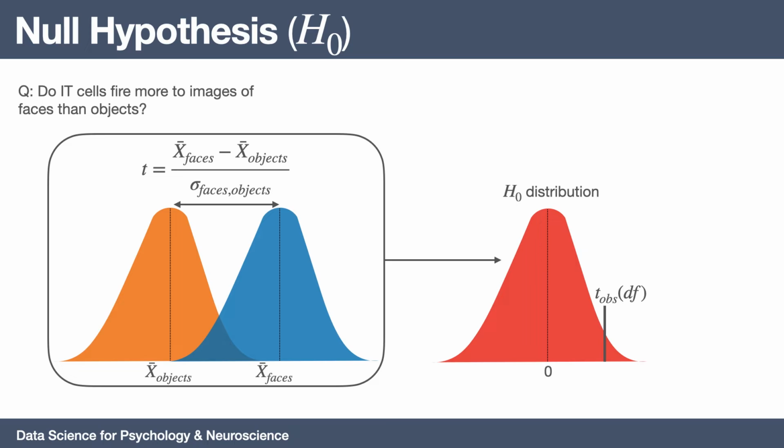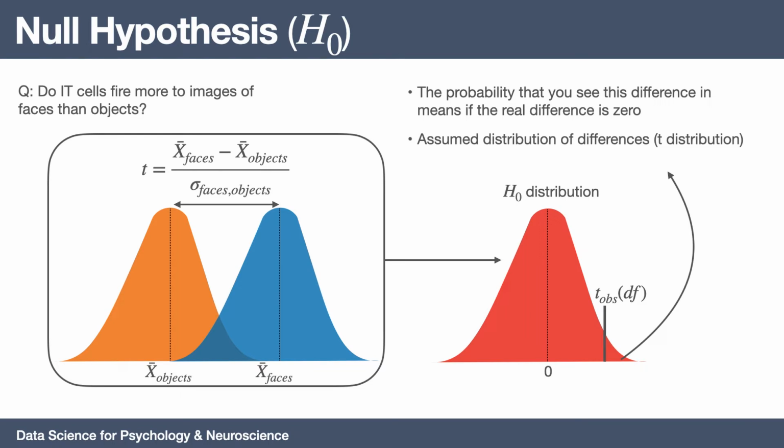So you'll see the t-statistic that you observe, which is t observed, based on the specific degrees of freedom that you have, which is determined by the number of observations you have in your sample, and see where that sits on a distribution of t-values that you would expect to see if the null hypothesis was true. And the null hypothesis in this case is that the difference in means is 0. So what you're evaluating is the probability that you would see this data, this set of differences in your means, if the real difference is 0.